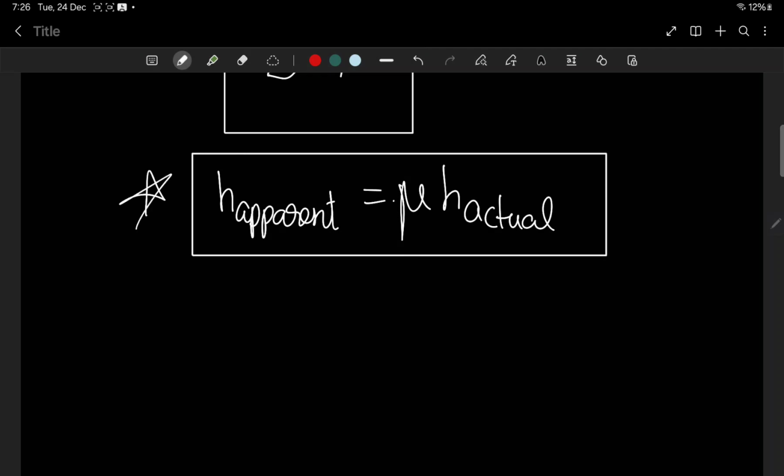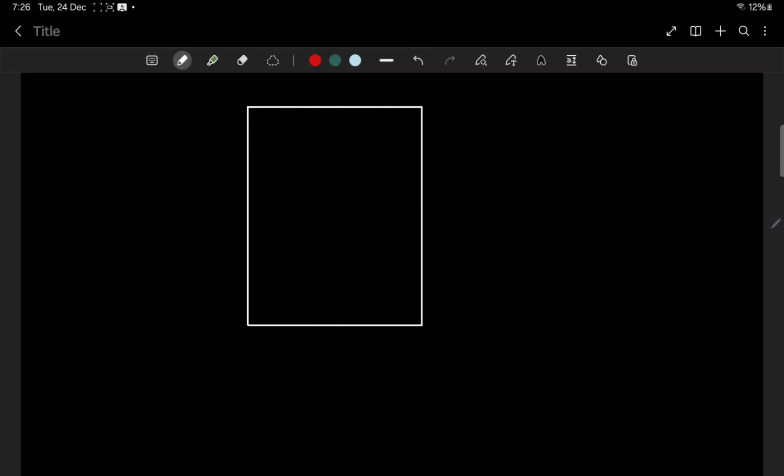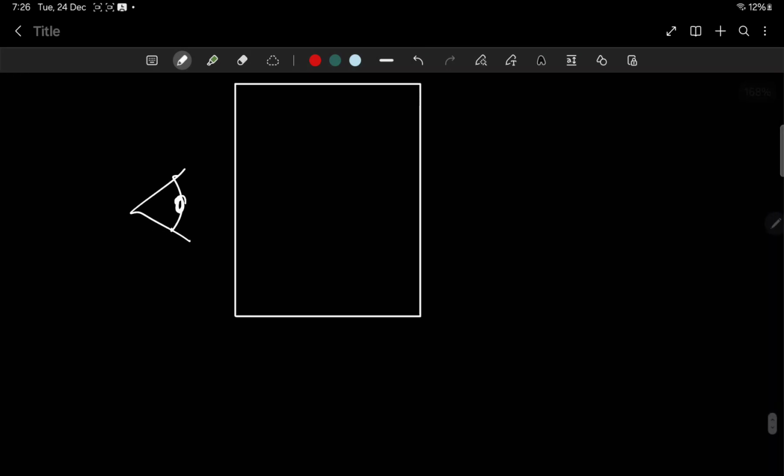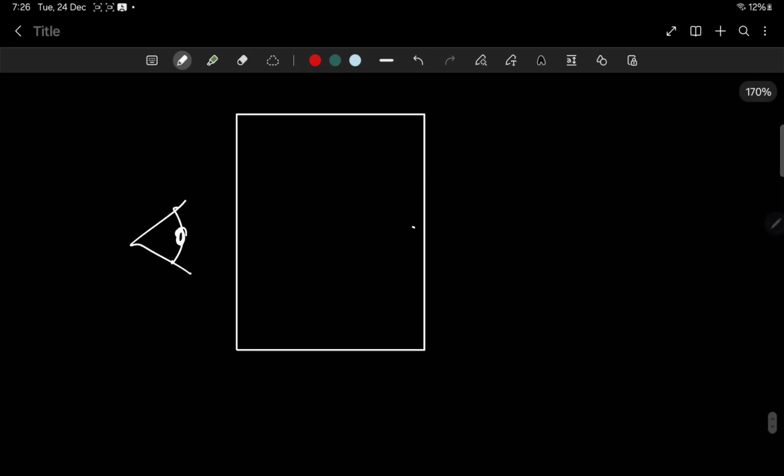Yes. Now I am talking about apparent shift through a glass slab. There is an eye here, and there is an object somewhere here. So there's an object. When I am seeing through this glass, the object seems to be here, apparent.